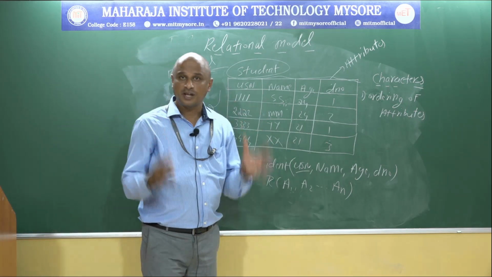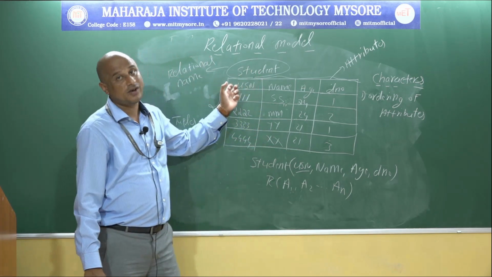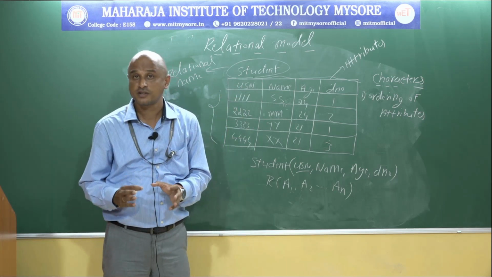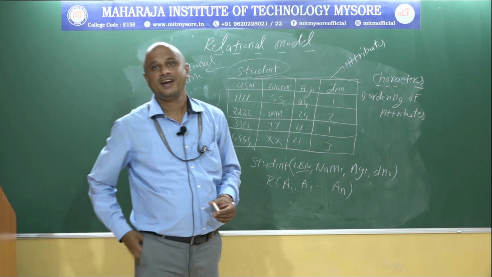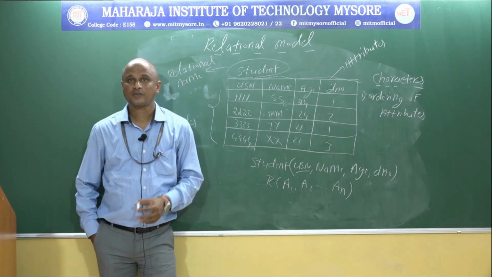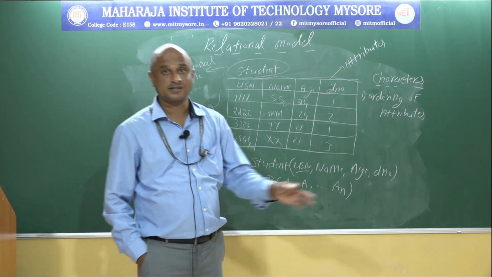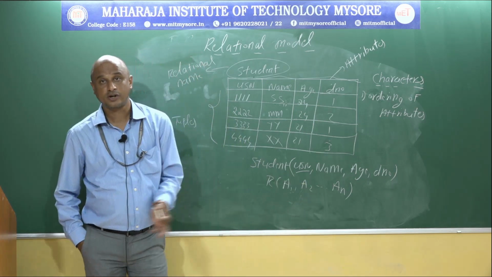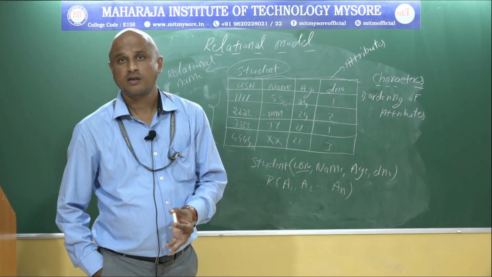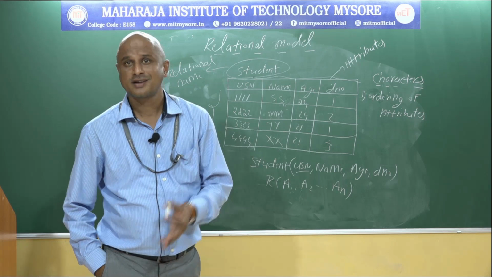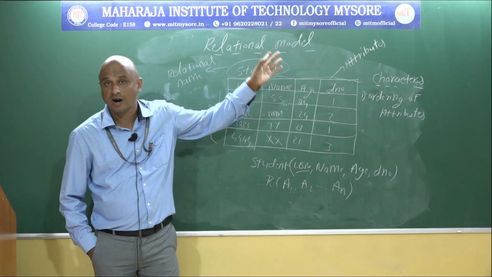For example, in my college or university, if I talk about a students database, the first thing you think about is USN, because it has a uniqueness property. If I go to the accounts section and say my name is Sharat Kumar, please give my details, what fees I need to pay, they will not give proper details because of confusion, since Sharat may be in five departments.